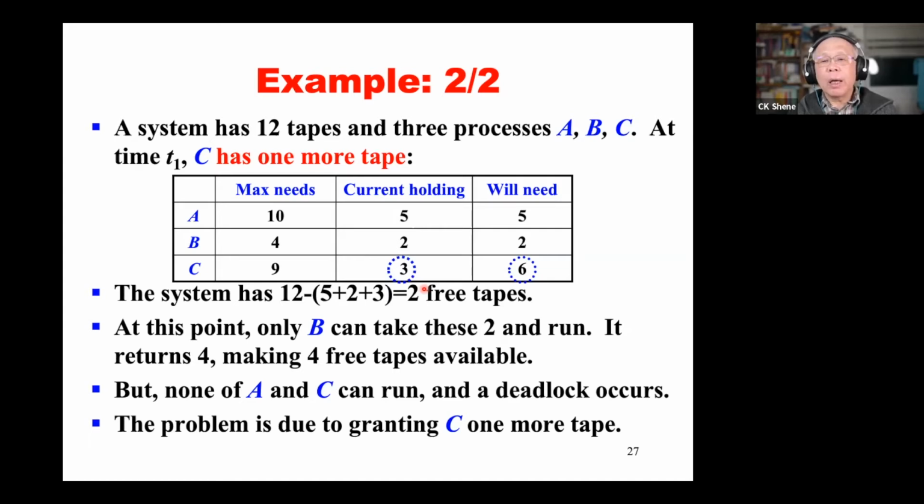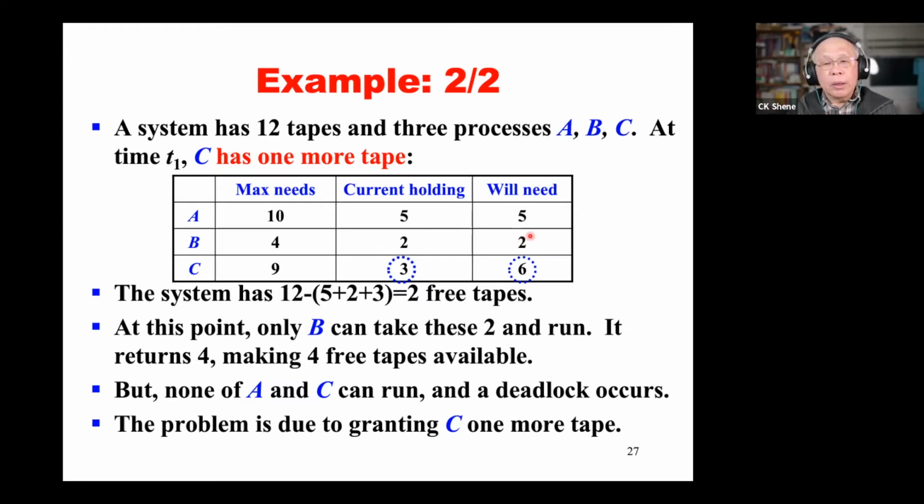Well, let's try. We have 2 free tapes. We scan the list. We cannot run A, because 5 is larger than 2, but we still can run B, right? So after giving B the 2 tapes, B runs, and finally B would return 4. So now the system has 4 free tapes.